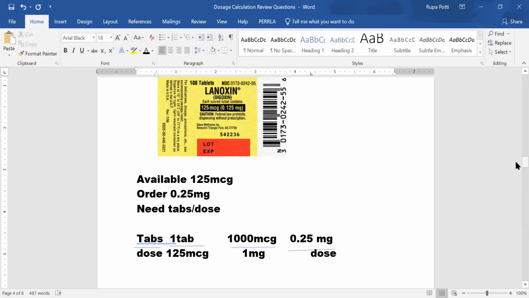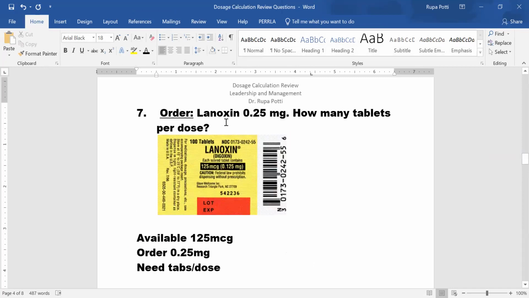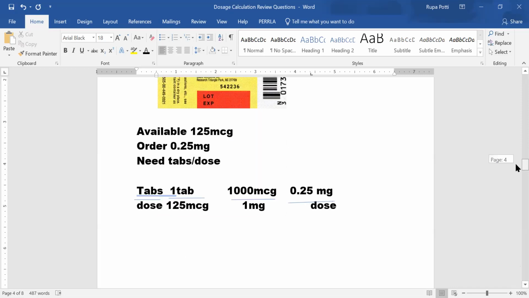So let's just review one more time. Your order is Lanoxin 0.25 milligrams. How many tablets per dose do you give? And again, as I was saying, you go by that acronym. If there is something that you're using, continue to do the same. Don't change anything. So I use available, I have 125 micrograms. My order is 0.25 milligrams.